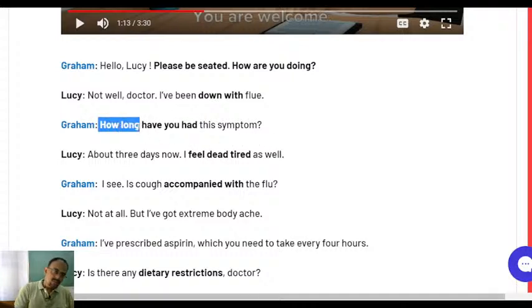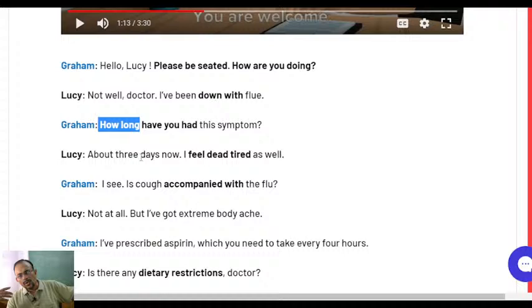If you think the patient has been suffering from a particular disease or problem which has been continuing from the past till the present time, you have to use present perfect tense in asking questions, right? How long have you had this symptom? Or you can say how long have you been down with this symptom? This is also correct, right?